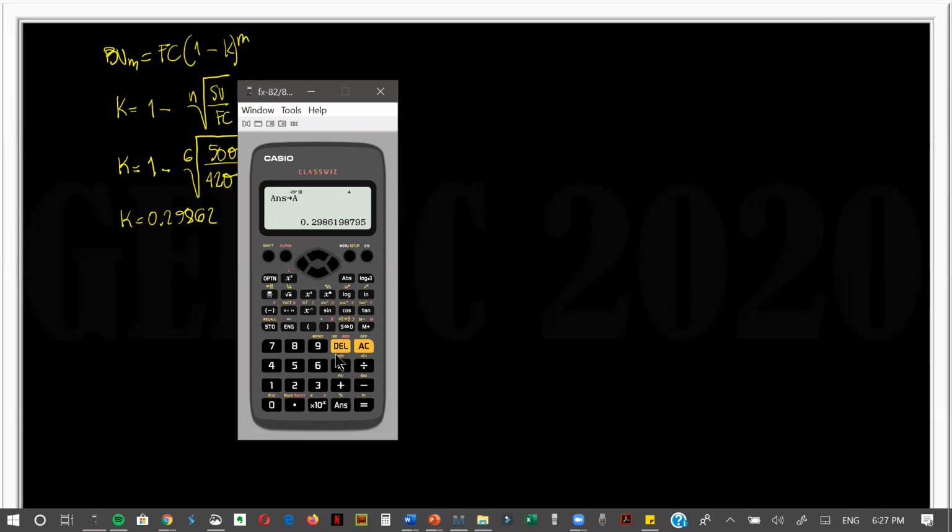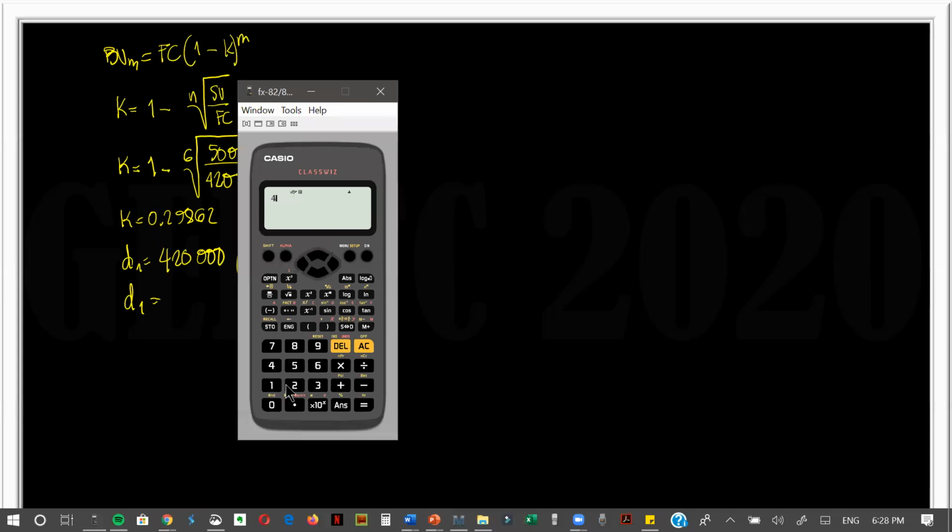Now, this k is the yearly depreciation rate of this method. That means if the given first cost is 420,000, then the first year depreciation is 420,000 times this k, 0.29862.